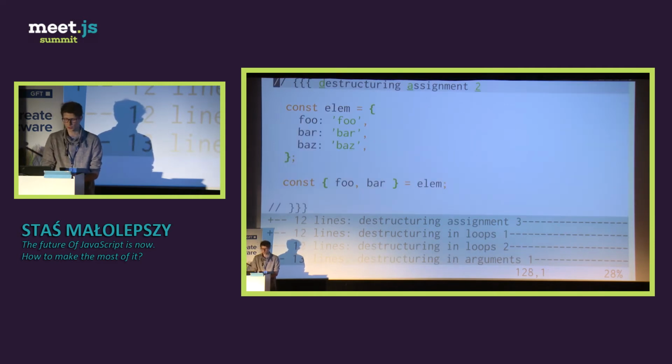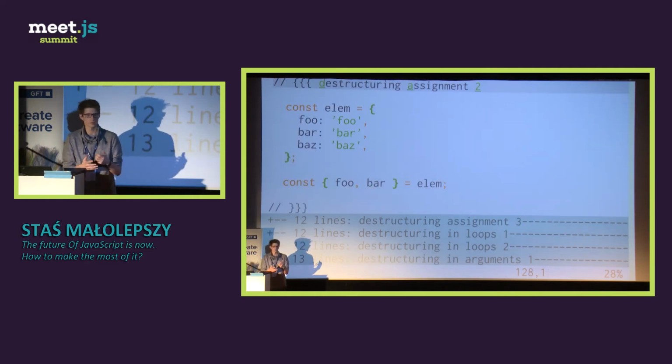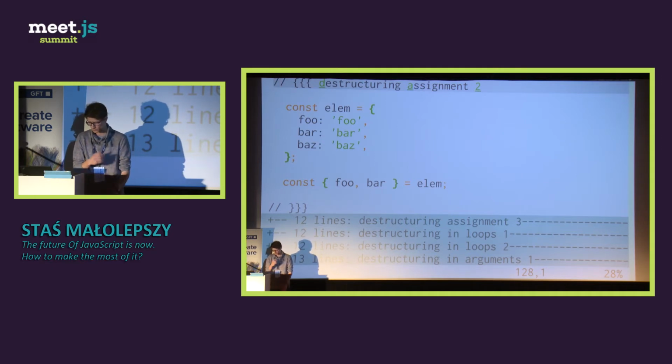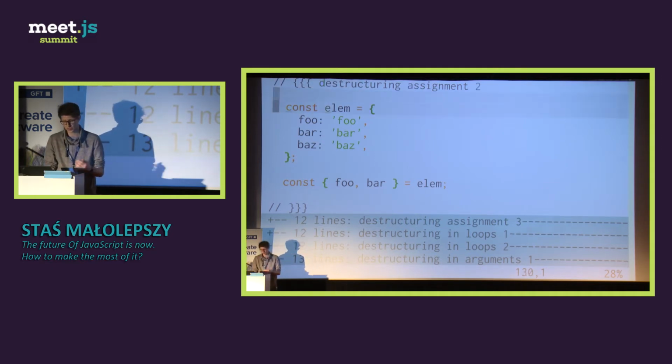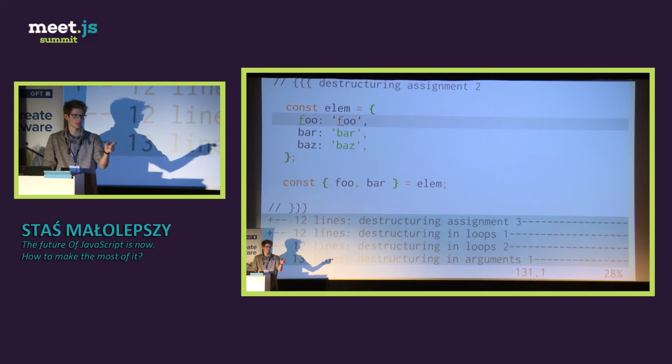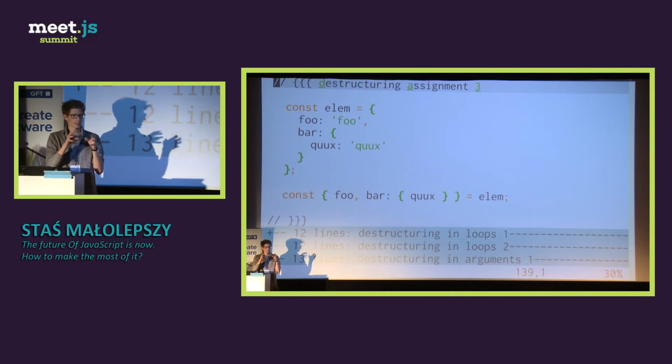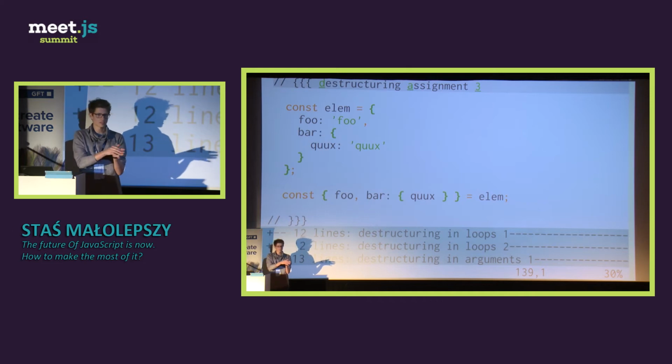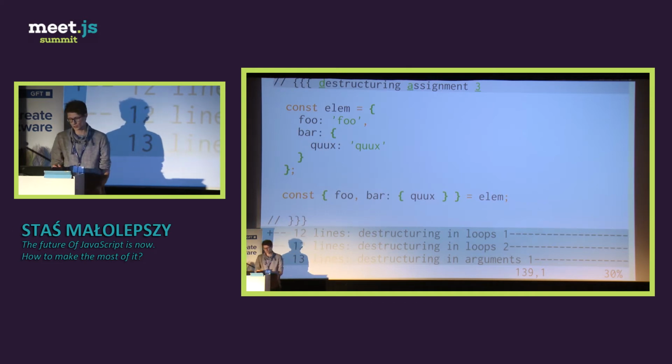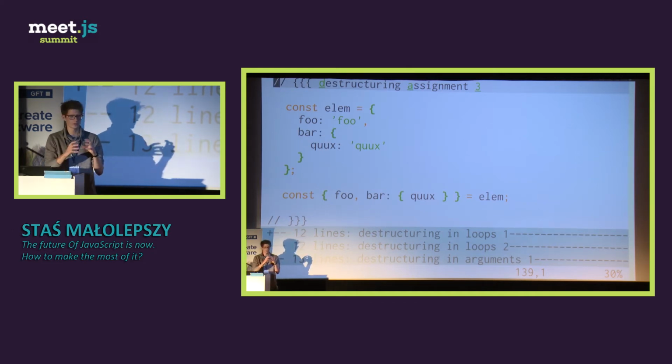So how can we use that? Well, the destructuring assignment is great when you don't need all the object's properties. You can selectively take just a couple of the properties that you need in this piece of code. You can also get deeper. These can be nested, so you can get something from a nested structure easily, and you don't have to repeat the whole dot operator accessor thing.